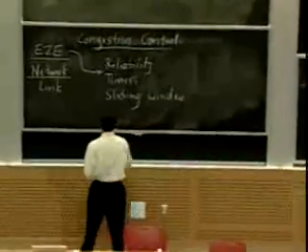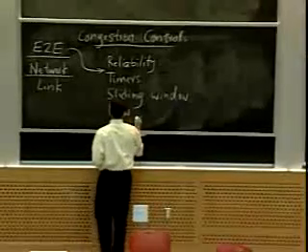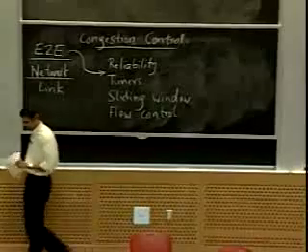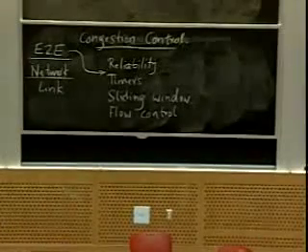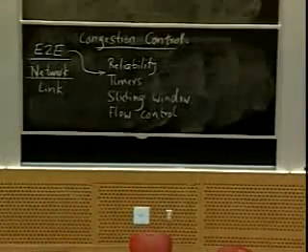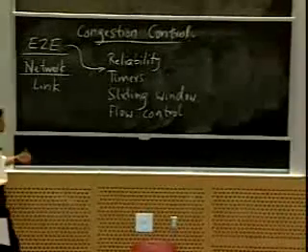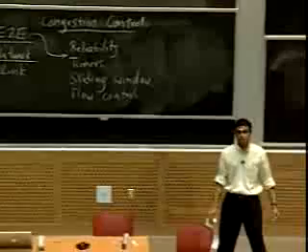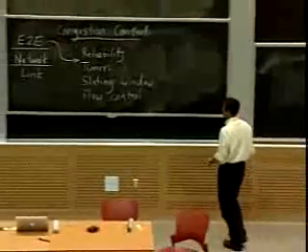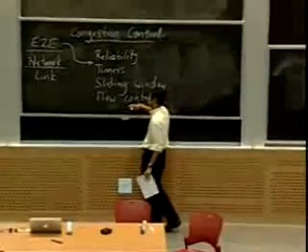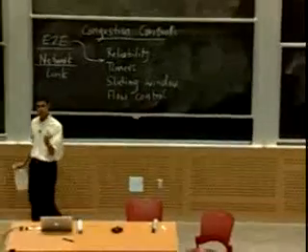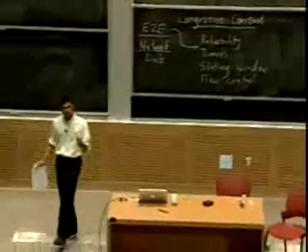The last thing that we talked about last time was flow control. The idea here is to make sure that the sender doesn't send too fast, because if it sent really fast, it would swamp the receiver, which might be slow trying to keep up processing the sender's packets. So you don't want to swamp the receiver's buffer. With every acknowledgement, the receiver can piggyback some information about how much space it has remaining in its buffer.